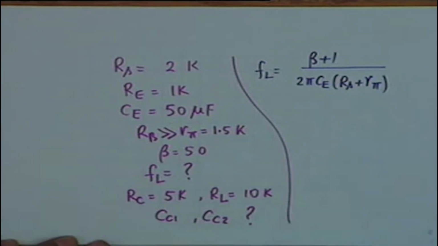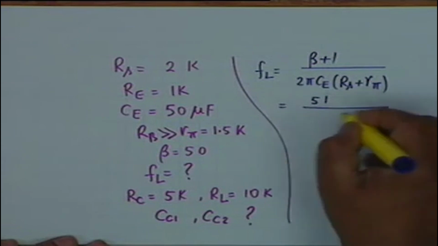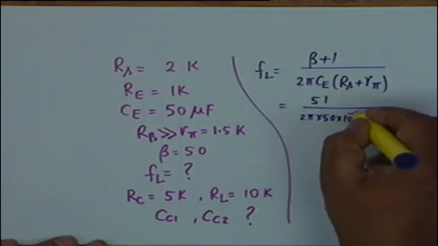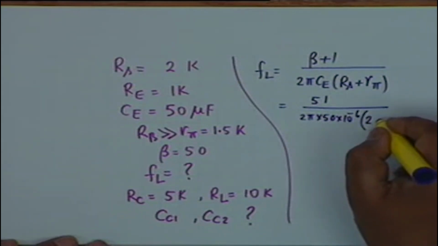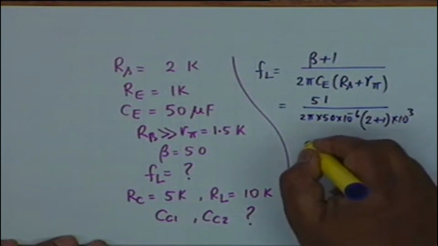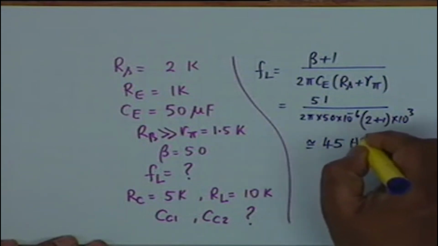You substitute the values: beta is 51, 2 pi times 50 times 10 to the minus 6, Rs is 2K and R pi is 1K, so 2 plus 1 times 10 to the 3, and this calculates out to approximately 45 hertz.